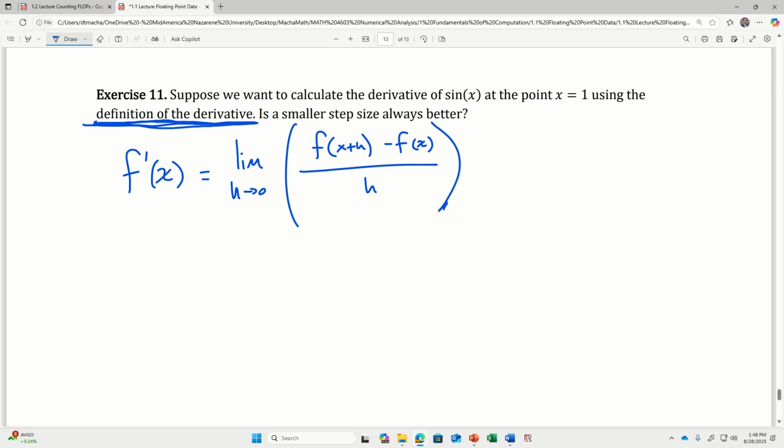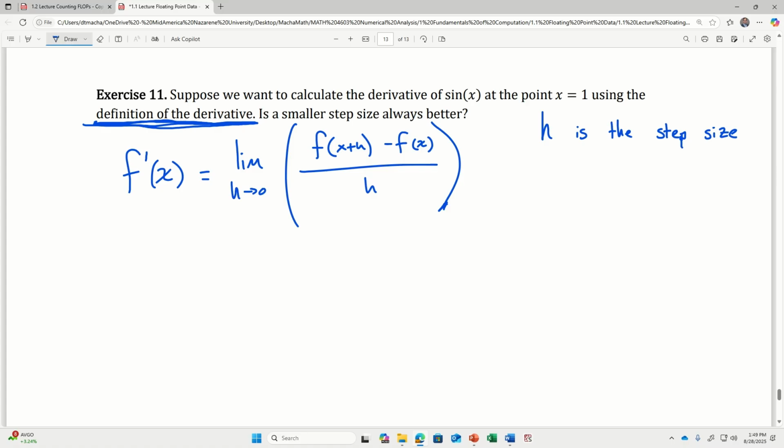And the question is asking, is a smaller step size always better? And h is the step size. I know that the derivative is defined as the limit as h approaches 0.